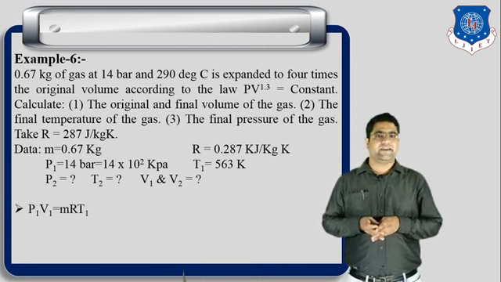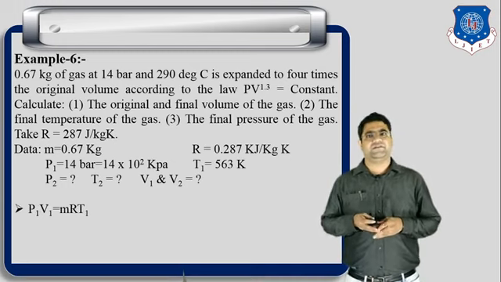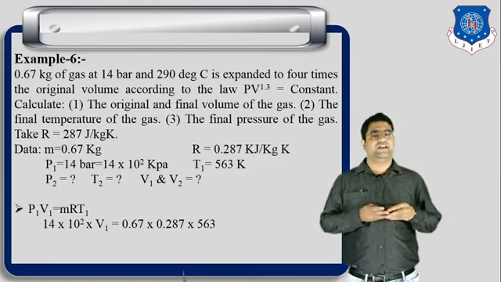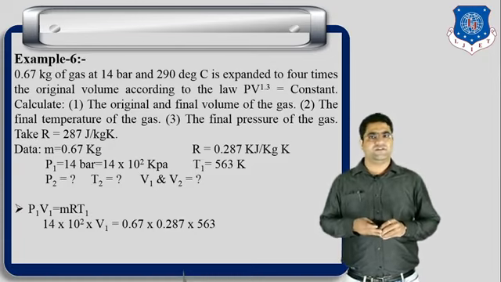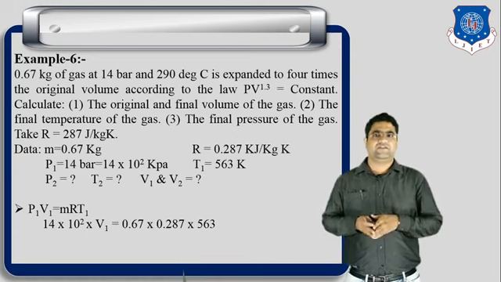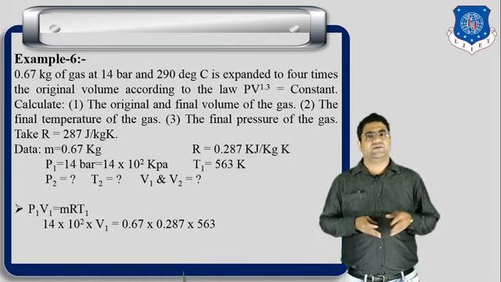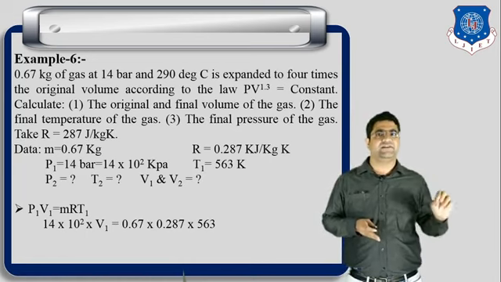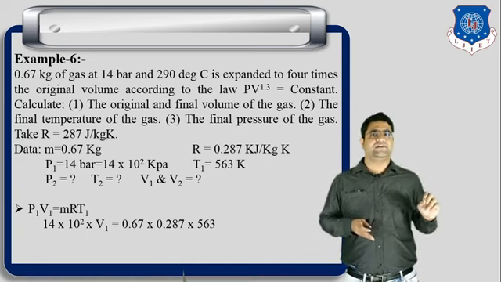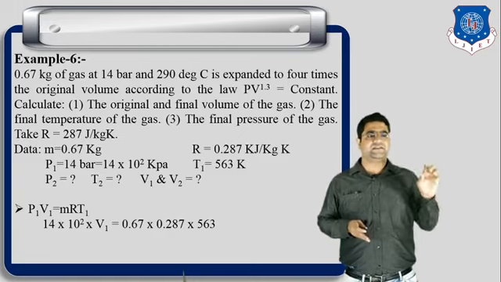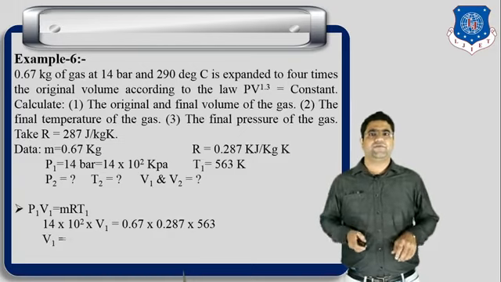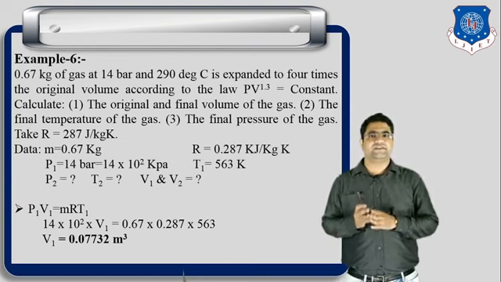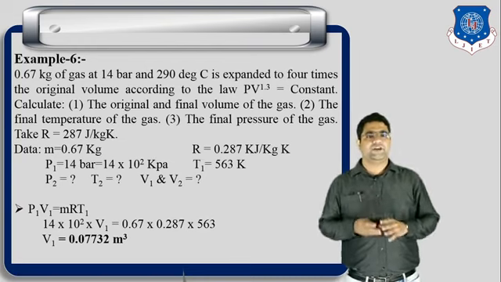So we can use the characteristic gas equation, P1 V1 equals M R T1, and from that we can find the value of the original volume V1. So the value of P1 is 14 multiplied by 10 raised to 2, V1 we need to find, mass is already given 0.67, R is 0.287, and the value of T1 is 563 Kelvin. So by putting all the values, we get V1 equal to 0.07732 meter cube.